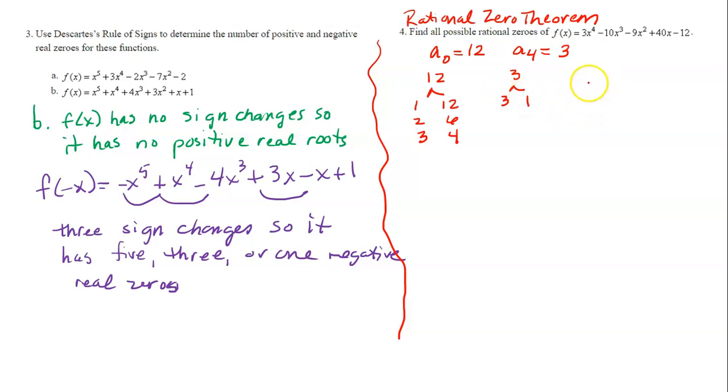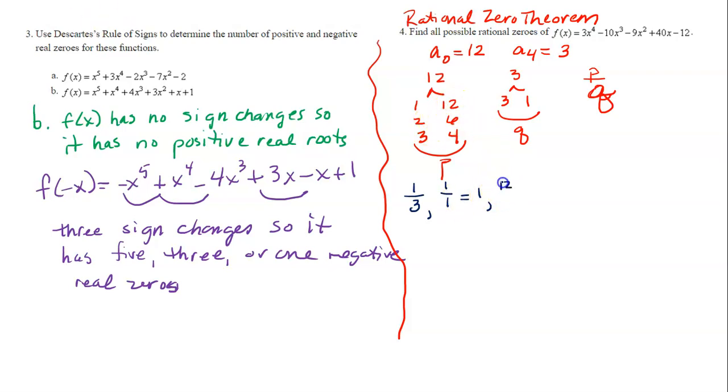To find all possible rational zeros, we have to put P over Q. This is P, and this is Q. Let me show you what this looks like. It will kind of drive you nuts. It kind of drove me a little bit nuts. So I'm going to do 1 over 3 and 1 over 1, which equals 1.